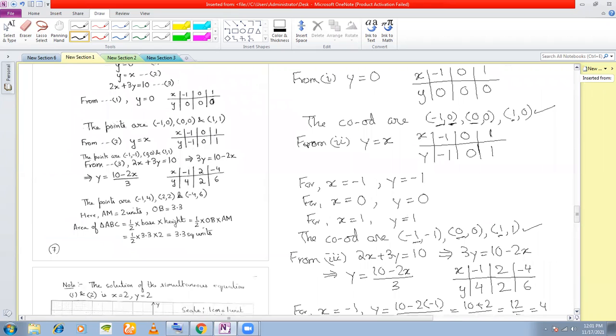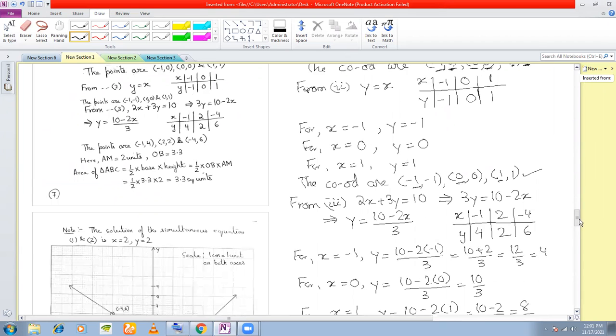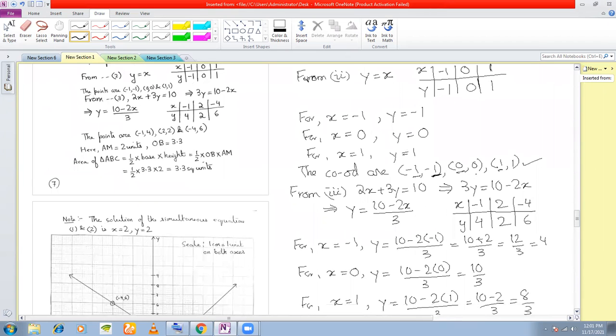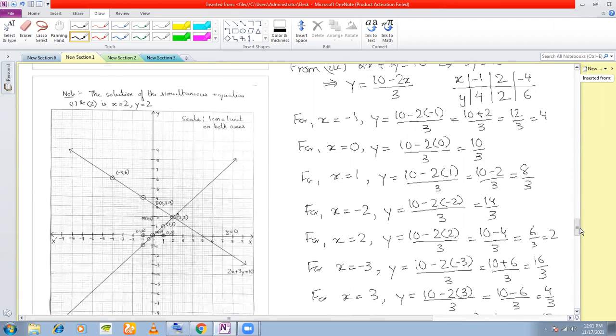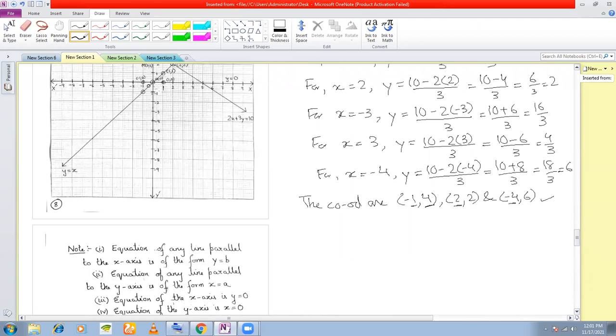Now let us look at the y values. See here 0 you have, here you have 0, and here you have 0, right? So that is possible. And here you have -1, here you have 0, here you have 1. Okay, so this is also possible, quite small values. Now here you see you have a 4, you have a 2, and you have a 6 here. That means the y-axis must run from 0 to 6, right?